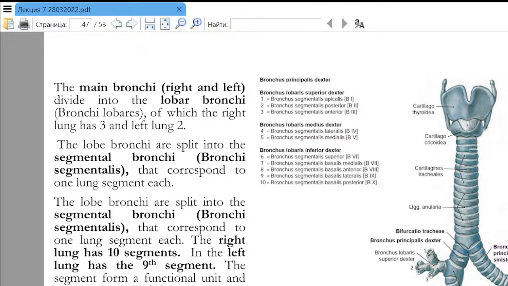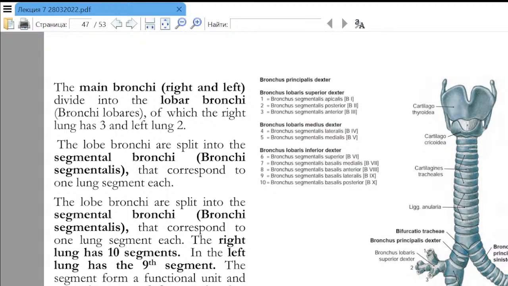The right lung has 10 segments, the left lung has 9 segments. The segments form a functional unit and are only separated from each other by connective tissue. Macroscopically, this distinction is not visible.